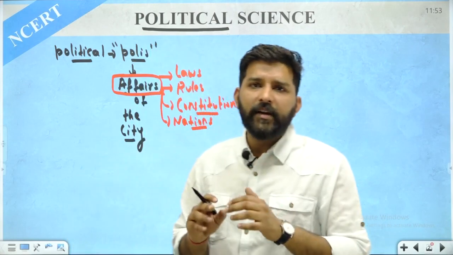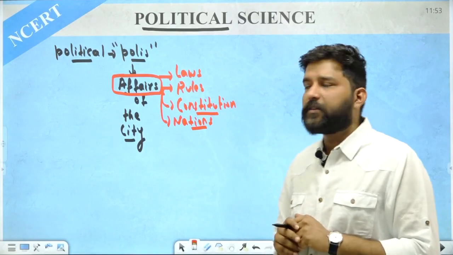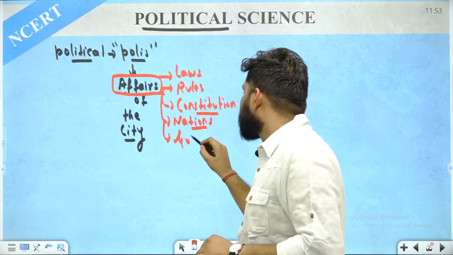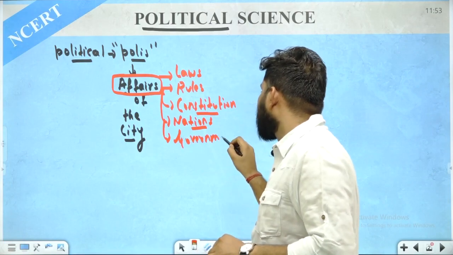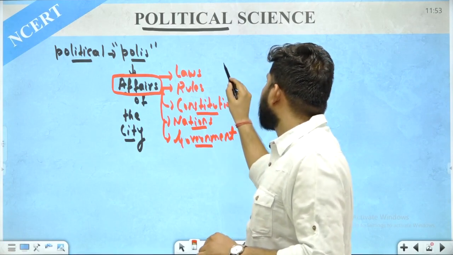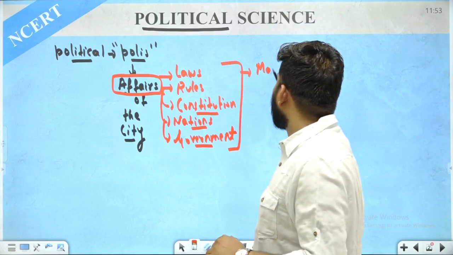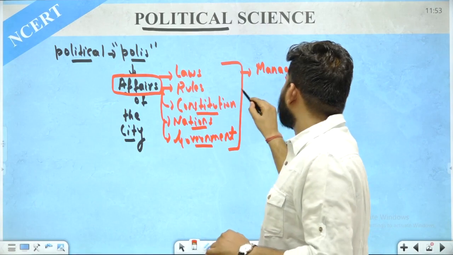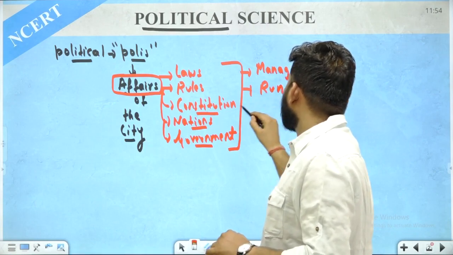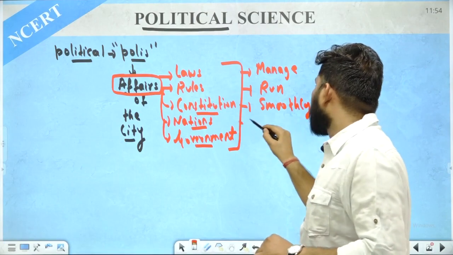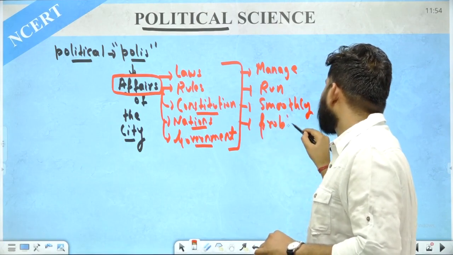But we study all of these different types of governments and forms in political science. We also study the different forms of government which are prevalent in the society, and we study all these affairs just to manage our society properly, to run it smoothly, and to solve the problems of our society.